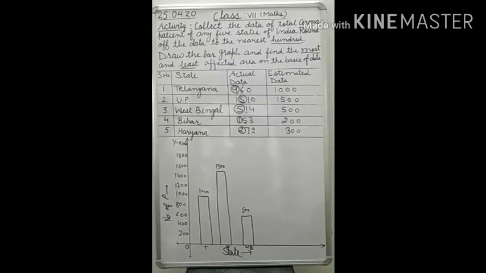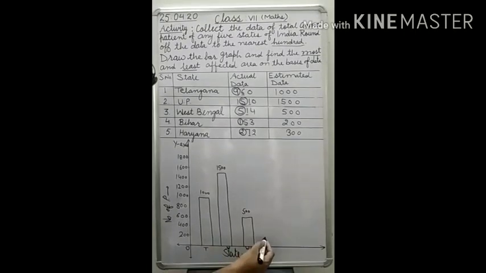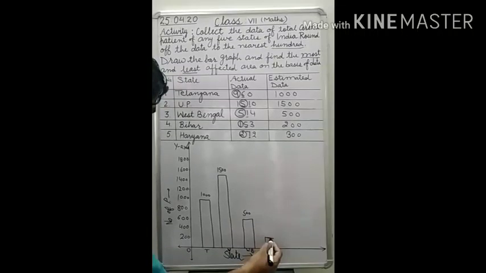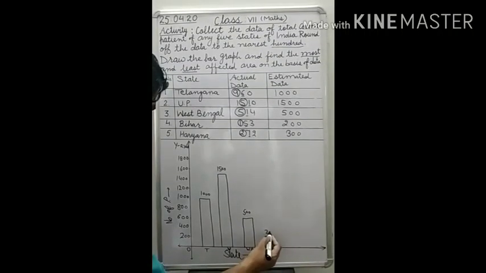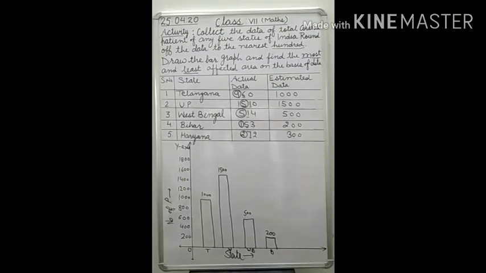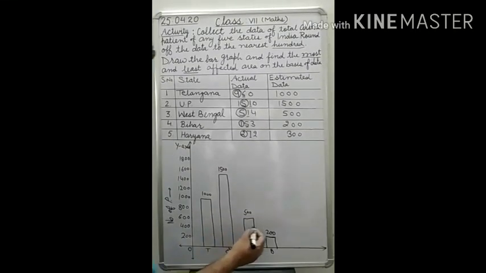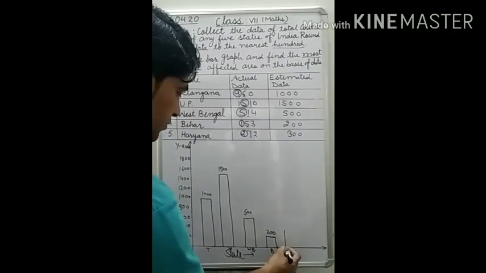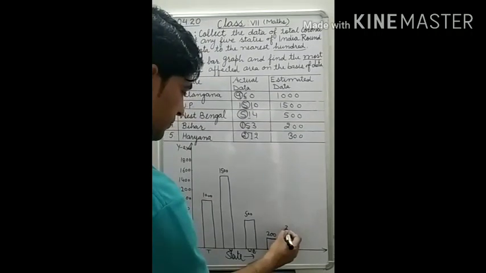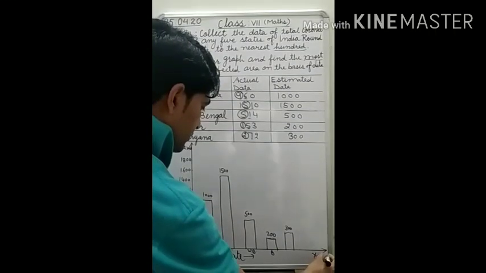Then next one is for Bihar. It is for 200. So 200 is this. It is for Bihar. We write simply B. And last is for Haryana. It is up to 300. 300 lies between 200 and 400. This is your x-axis.